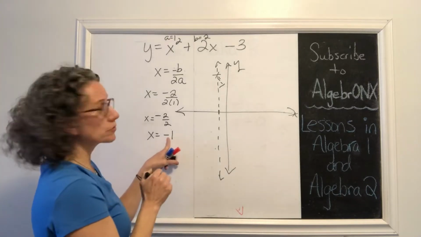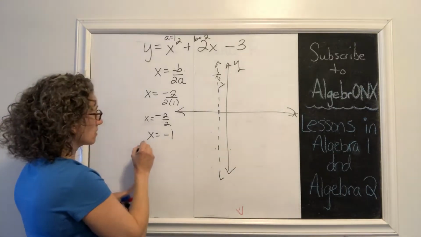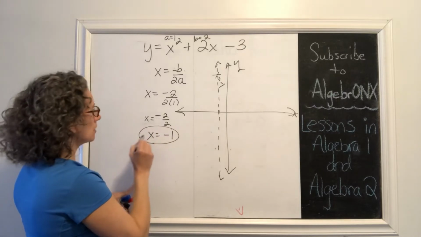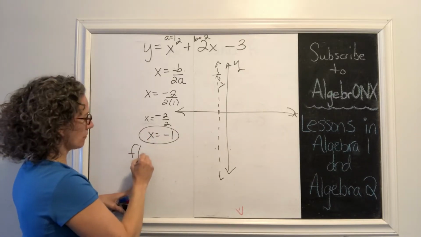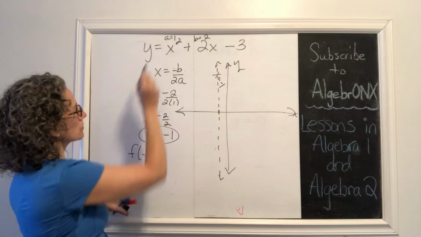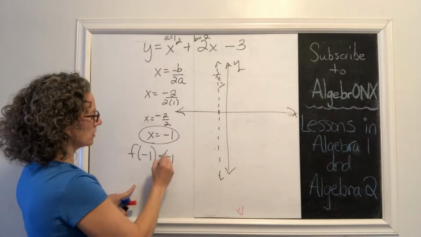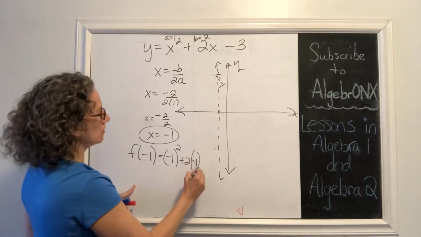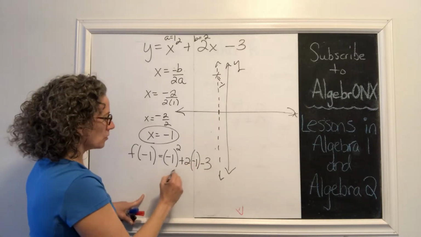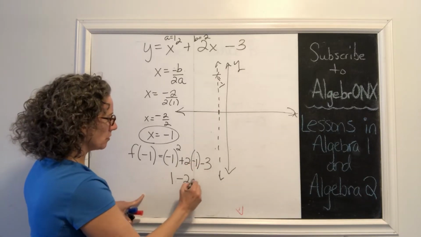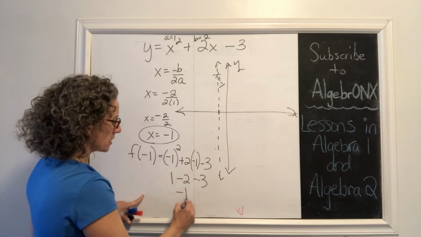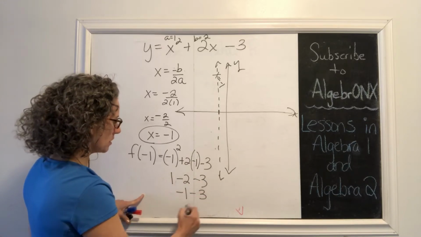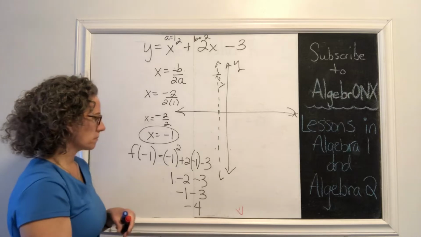To find the vertex, I take this x value and plug it in and find f at negative 1. The function at negative 1 is negative 1 squared plus 2 times negative 1 minus 3, which is 1 minus 2 minus 3, which is negative 1 minus 3, which is negative 4.